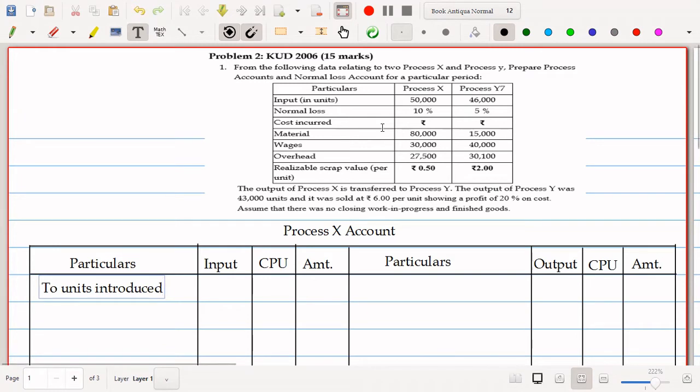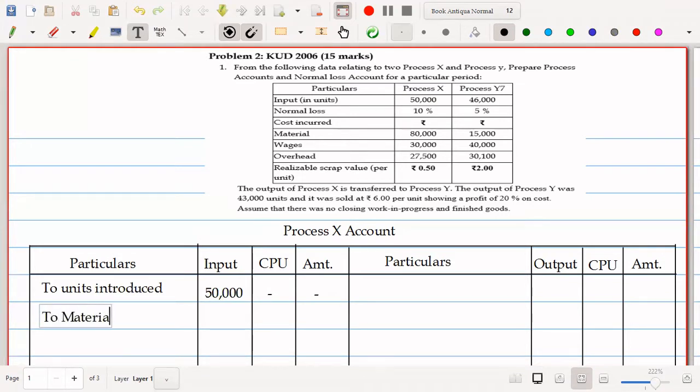How many units are introduced in process X? It's given here. It is 50,000 units, but the amount is not given. Don't worry, keep it blank. If it is not given, no problem. Keep it dash. And let's take down the costs incurred.